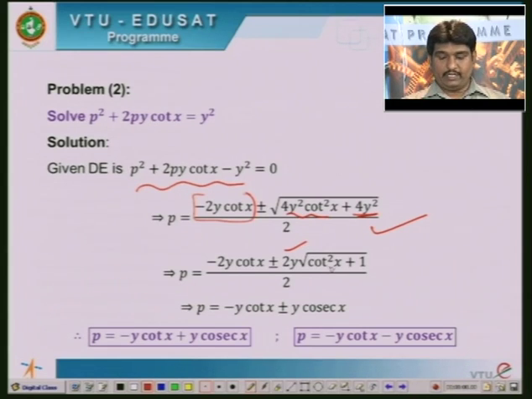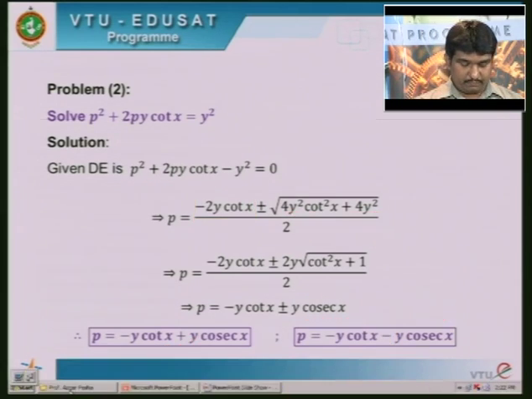Cancel 2 and write this as cosecant x. You know that 1 plus cot square x equals cosecant square x. Therefore, root of cot square x plus 1 is cosecant x. So, two roots. One is minus y cot x plus y cosecant x, and another one is minus y cot x minus y cosecant x. We have to solve these two equations.